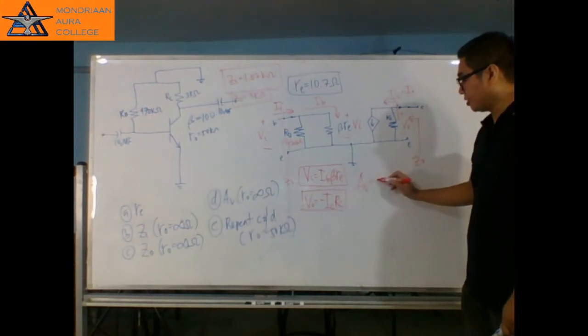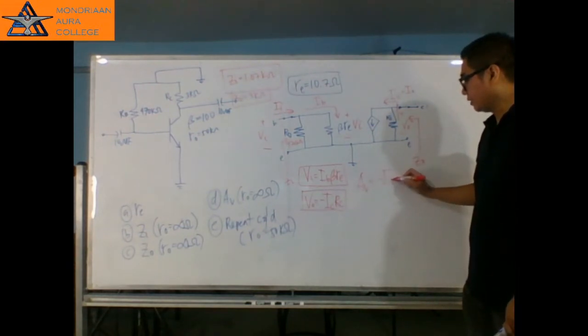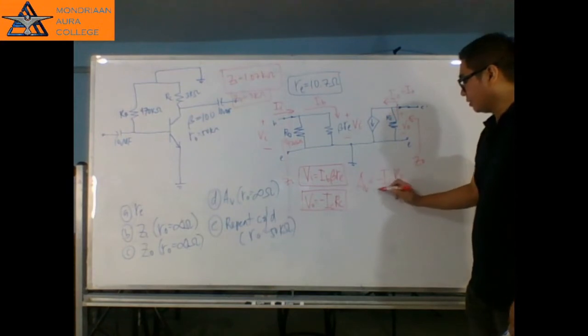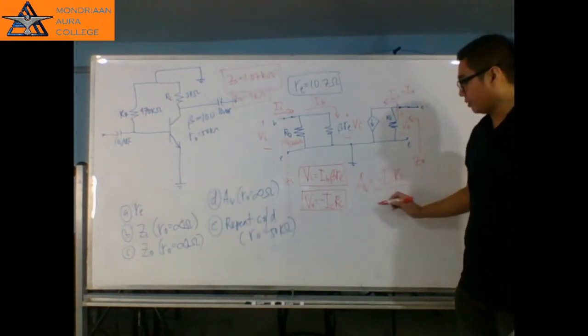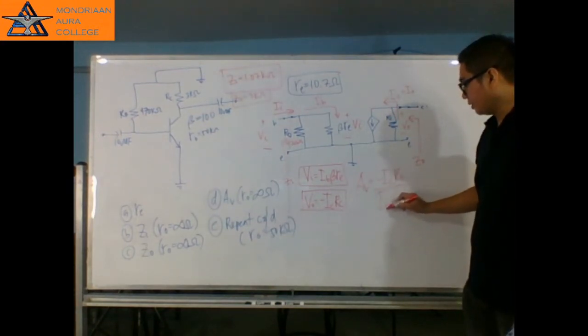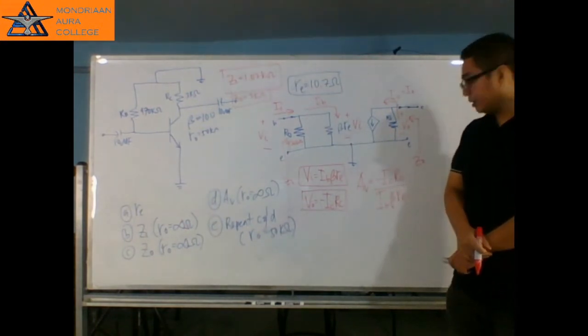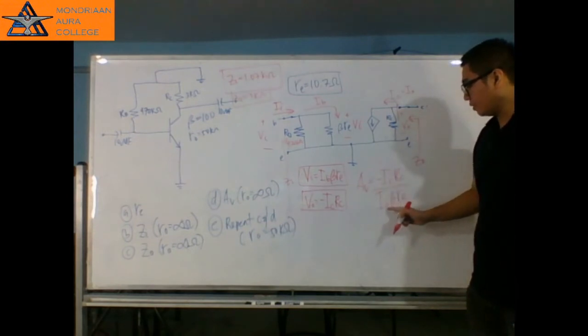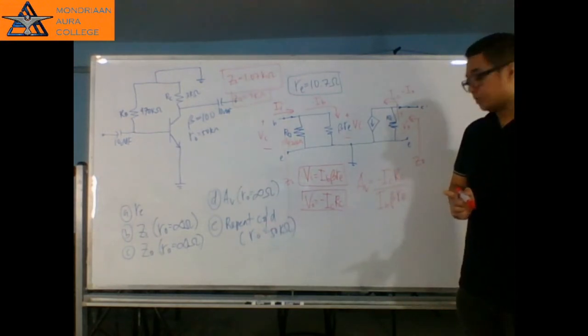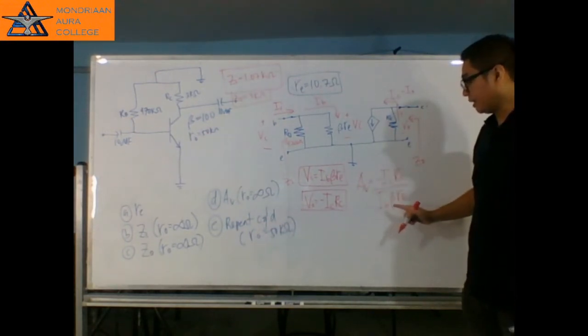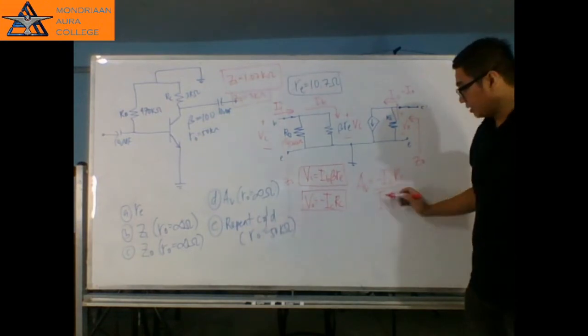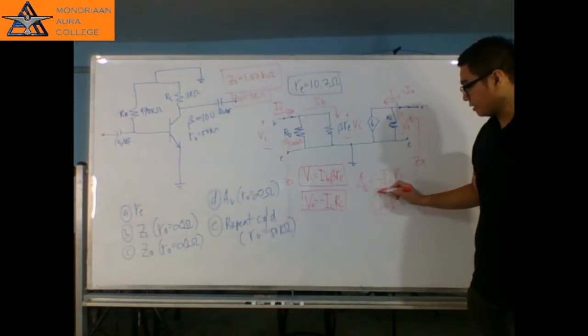The output voltage is equal to negative IC times RC divided by the input voltage of I sub V times beta R sub E. Hindi ba't ang I sub C over I sub B ay beta rin? Or ang I sub C over beta is equal to I sub B?